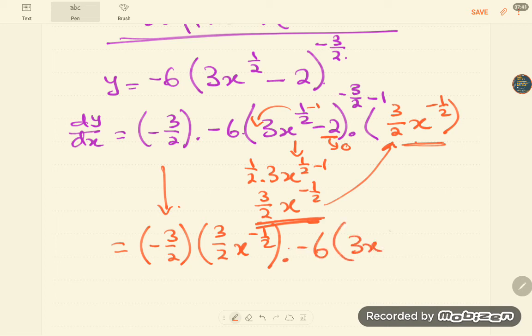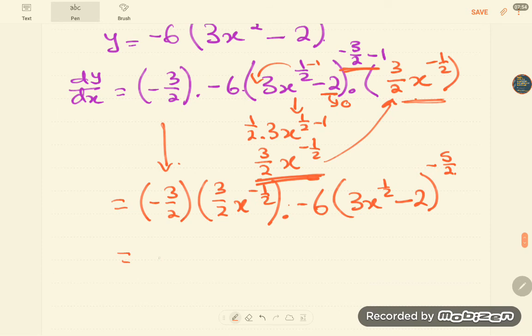And then 3x to the half minus 2. And then notice how this is going to become a minus 5 over 2. And after simplifying this 2, I'm supposed to get minus 9 over 4 x to the minus half.